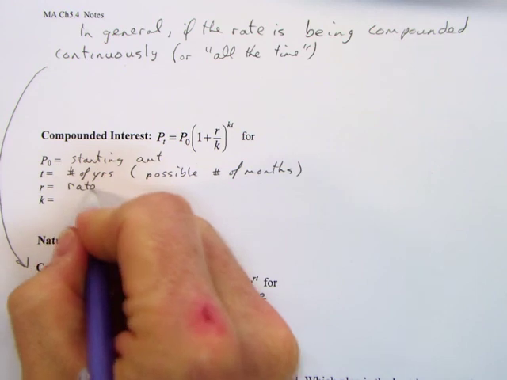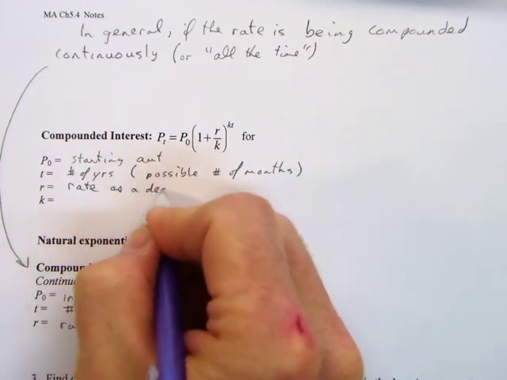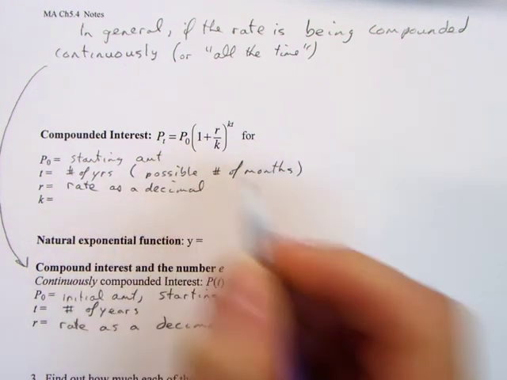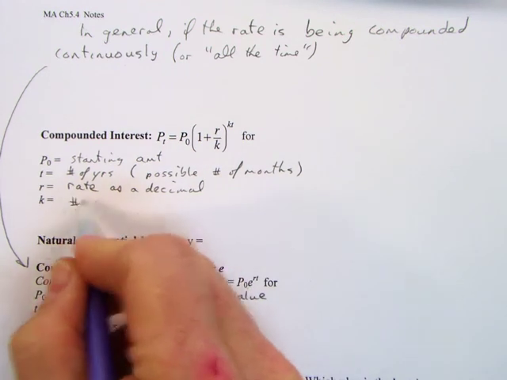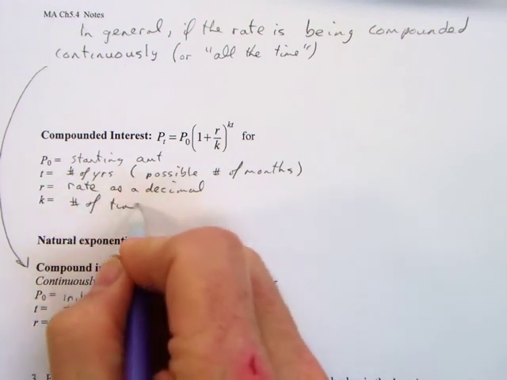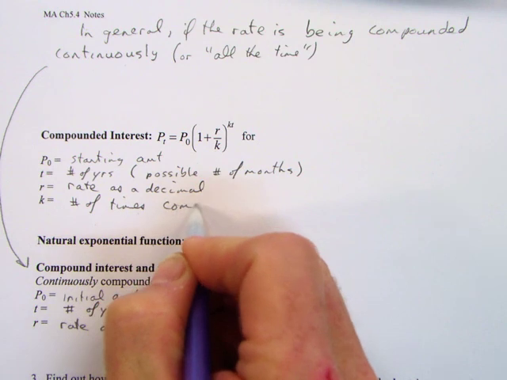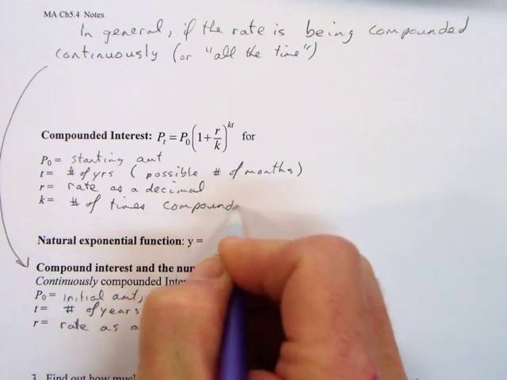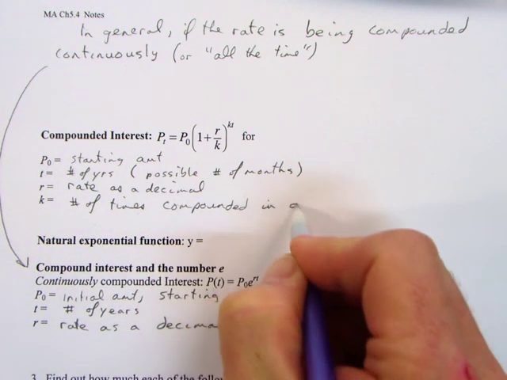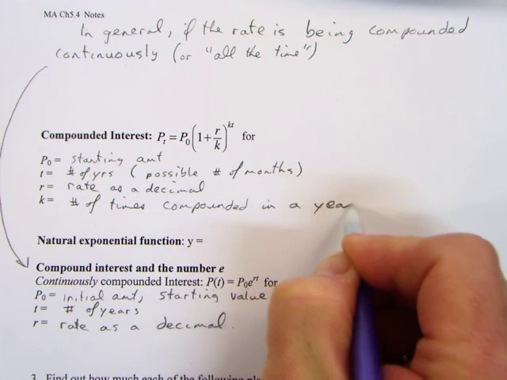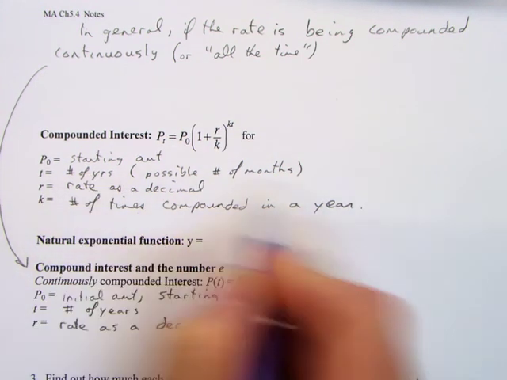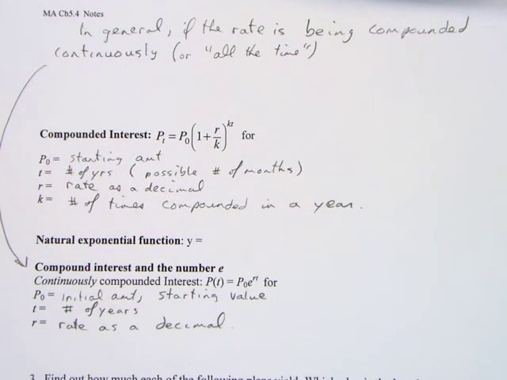And what is k? k was the number of times compounded in a year. Now, again, we're dealing with the money, so that would be the number of times compounded in a year.